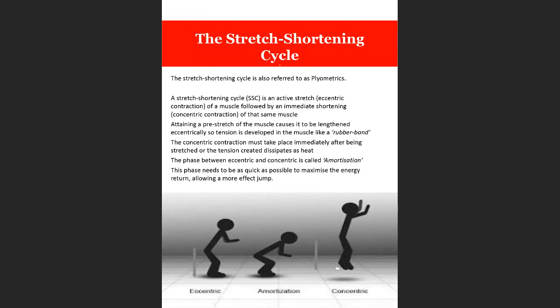So this is effectively the jump. We've got eccentric contraction of the quads, a pause, and then an explosive concentric contraction. And this is called the stretch shortening cycle, jumping, or plyometrics. Really important that we do that.